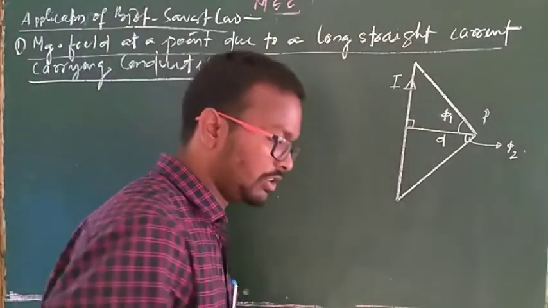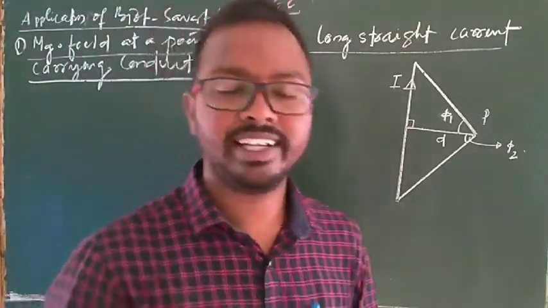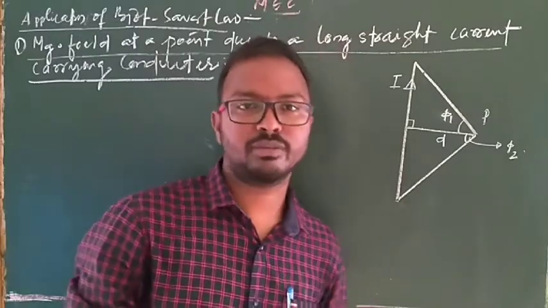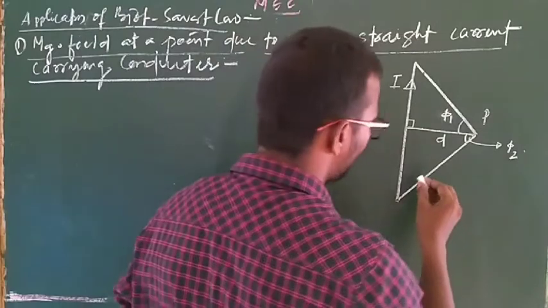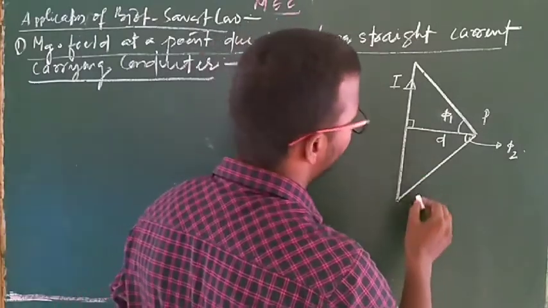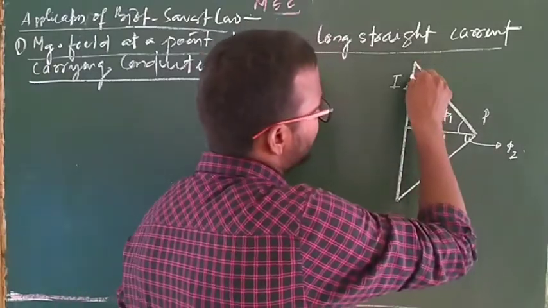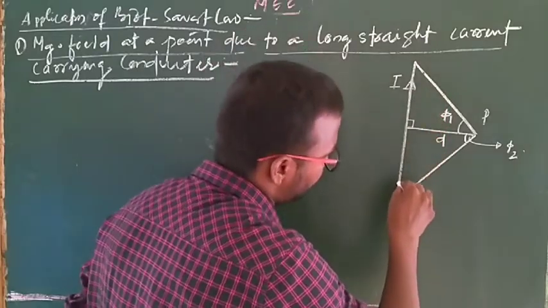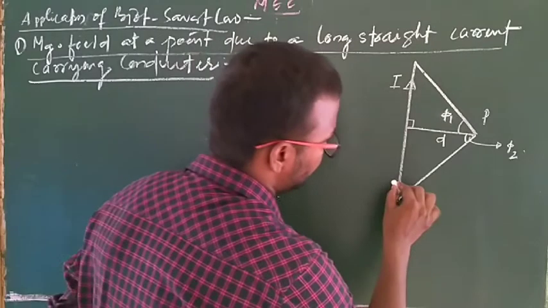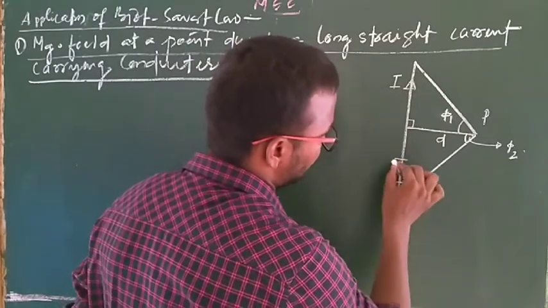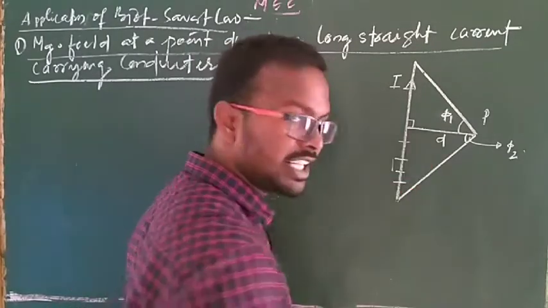We have Biot Savart law, and Biot Savart law is only valid for a small current carrying element. Suppose the long straight conductor is divided into small parts or small lengths. This is a small element, this is another small element, this is another small element.